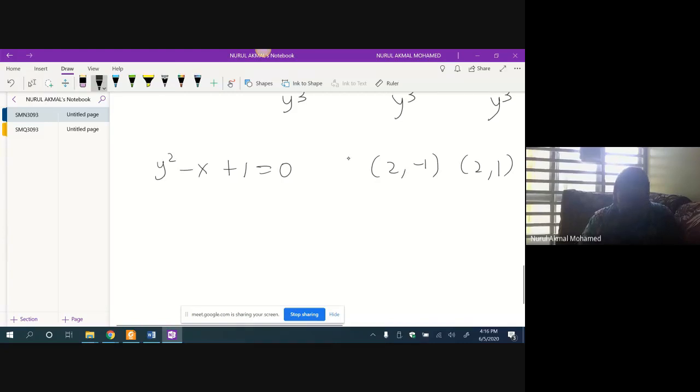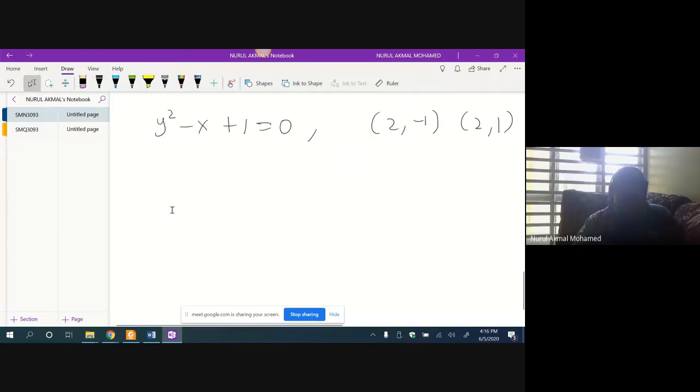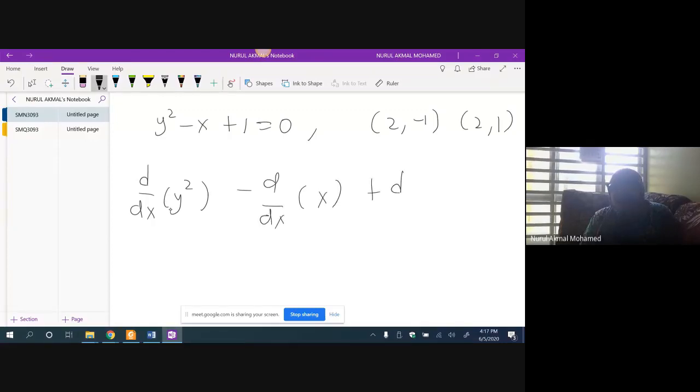Okay, so this is what we want to solve. Like before, for implicit differentiation, you differentiate the left hand side and you differentiate the right hand side. So d dx of y squared minus d dx of x plus d dx of 1 is equal to d dx of 0.